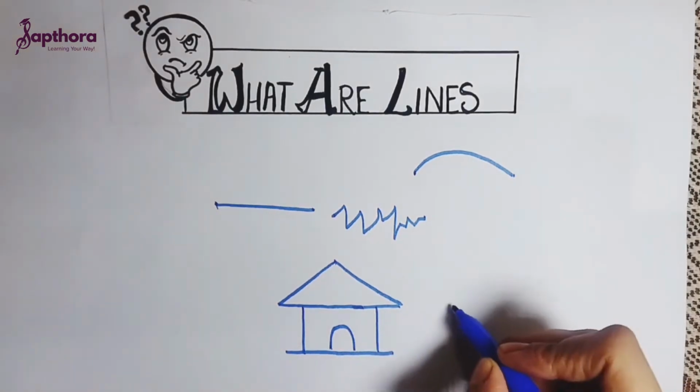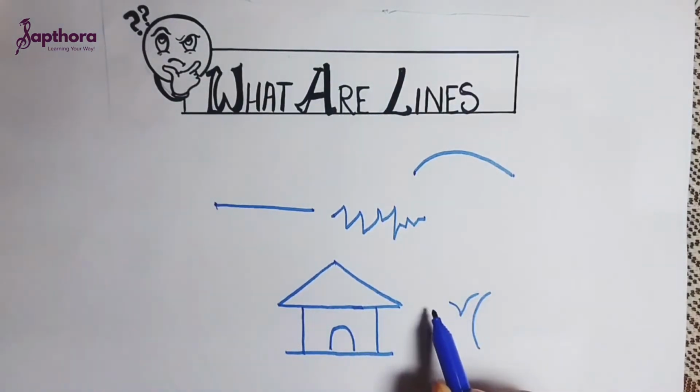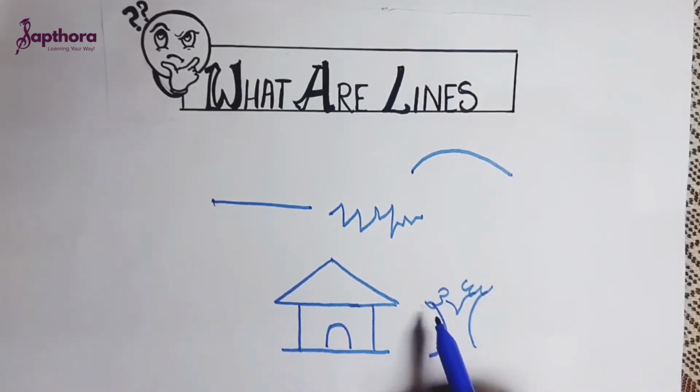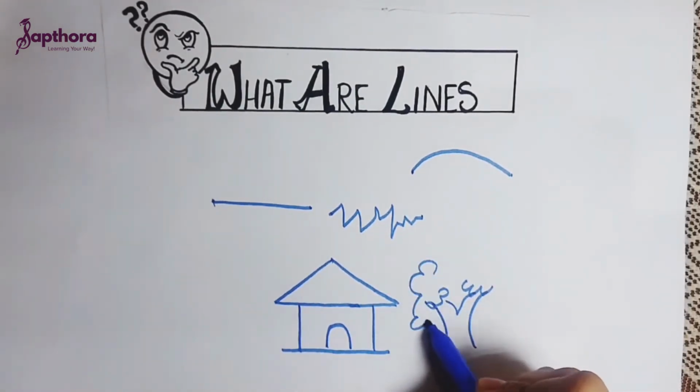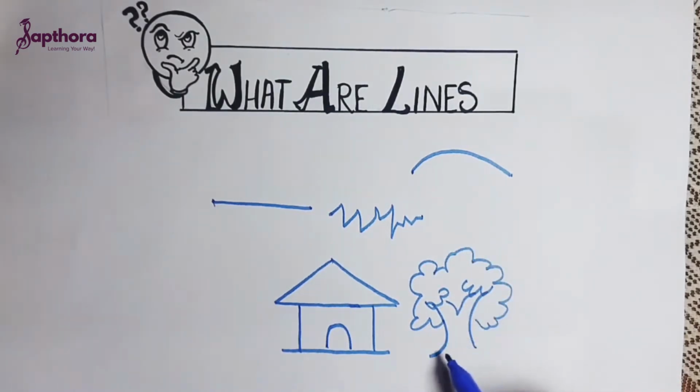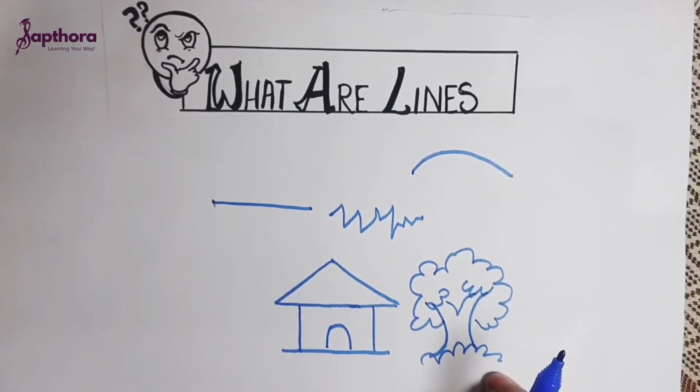Let's take one more example, a tree. Let's draw a tree. Here also you will see that we have used different types of lines to draw the tree. So, lines help us to create anything easily.